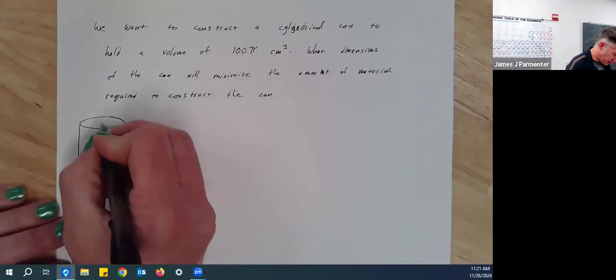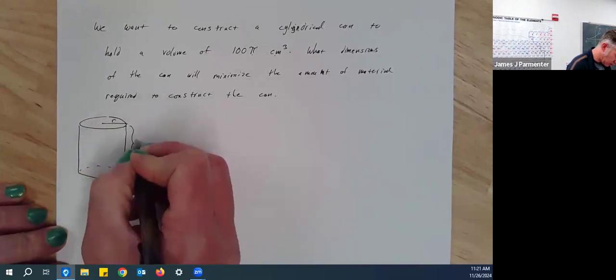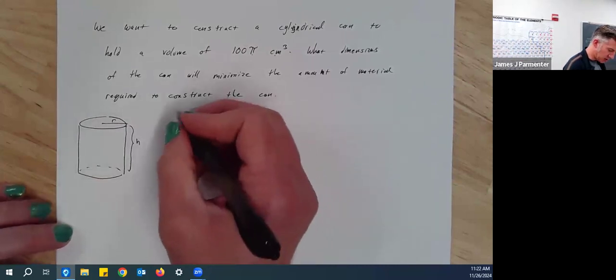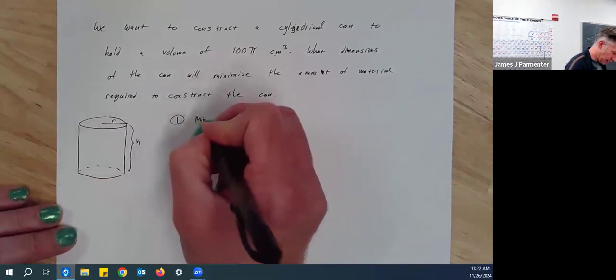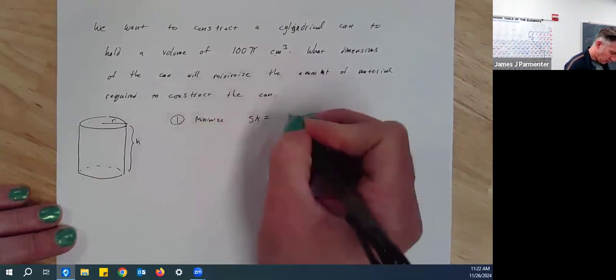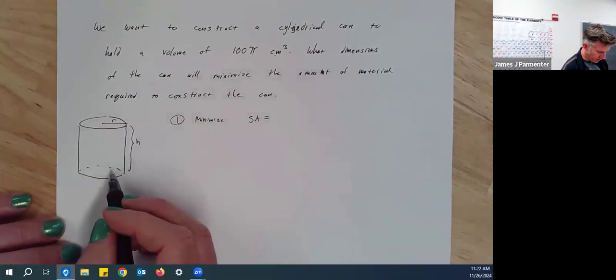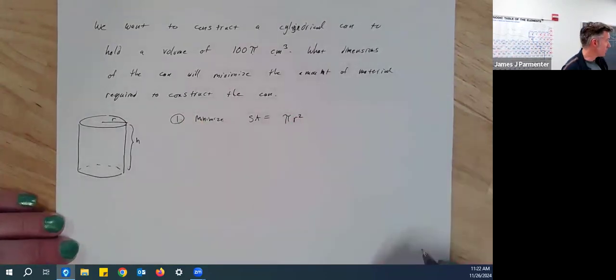So great. I don't know what the dimensions are yet, so I'm going to label this part R and this part H. And if I'm trying to minimize the surface area, I want to minimize surface area. Well, the area of the bottom circle is pi r squared. The area of the top circle, question, sorry.